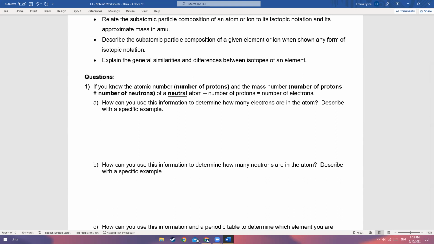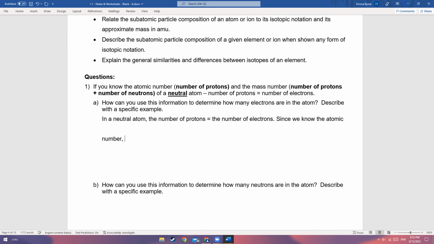So in our answer here, we'll write, in a neutral atom, the number of protons equals the number of electrons. Since we know the atomic number, we know the number of electrons.